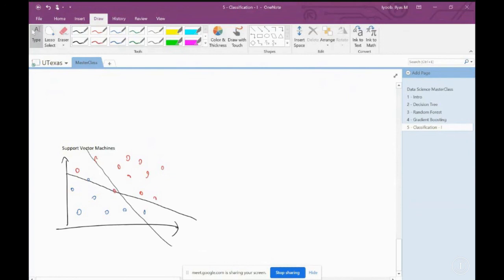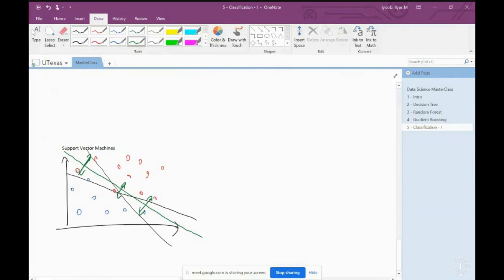But it tries to draw the line. So it says, okay, I could do that and I could do that. But what I will do is I'm going to draw a line this way because it creates the biggest gap between the two clusters, if you want to call them clusters.